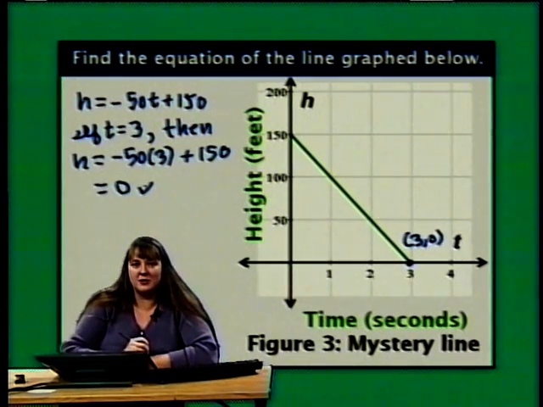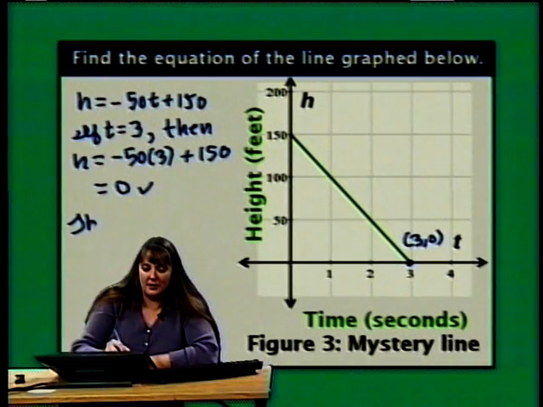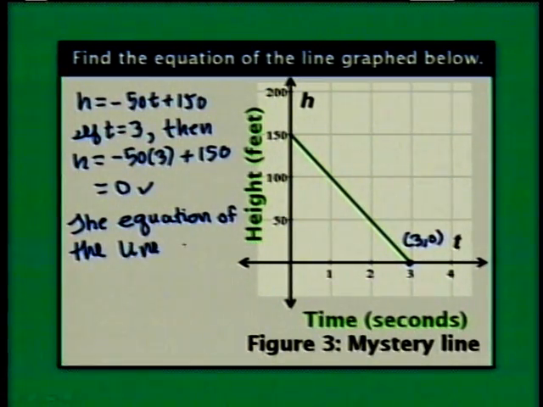So indeed, this does check, and I can go ahead and write my conclusion. The equation of the line is h equals negative 50t plus 150.